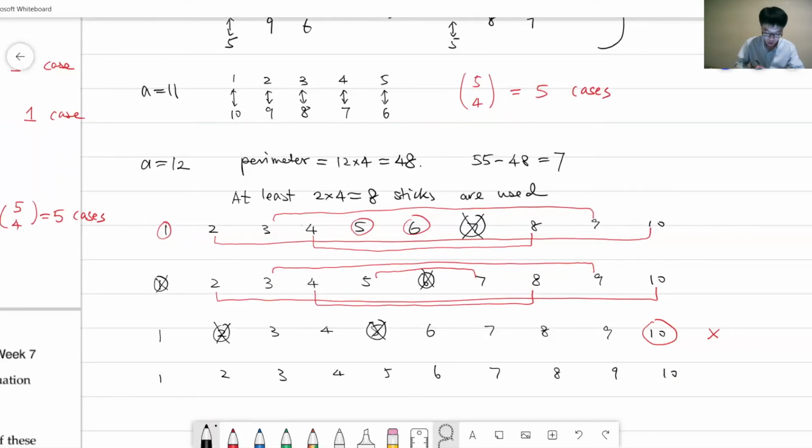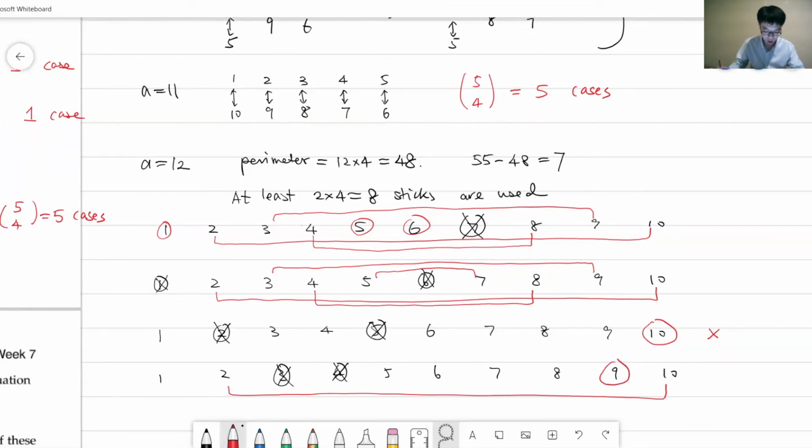And also we can remove 3 and 4, because that adds to 7. But here 10 has to be grouped with 2. That's the only way for 10 to add some number and equal 12. And then we consider 9. 9 has to add 3 to get 12. But there's no way for 9 to add some number.